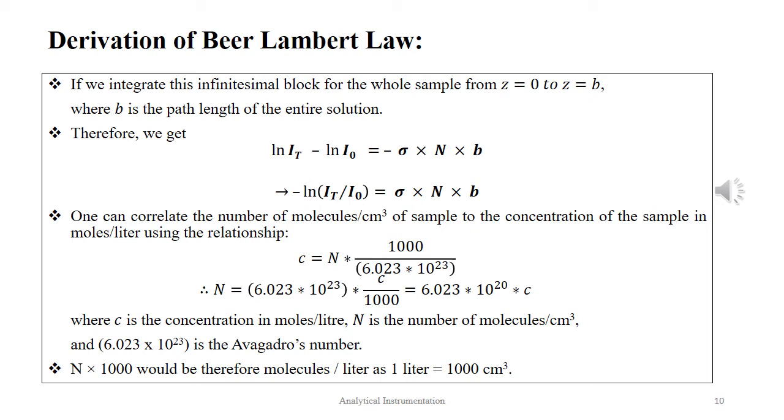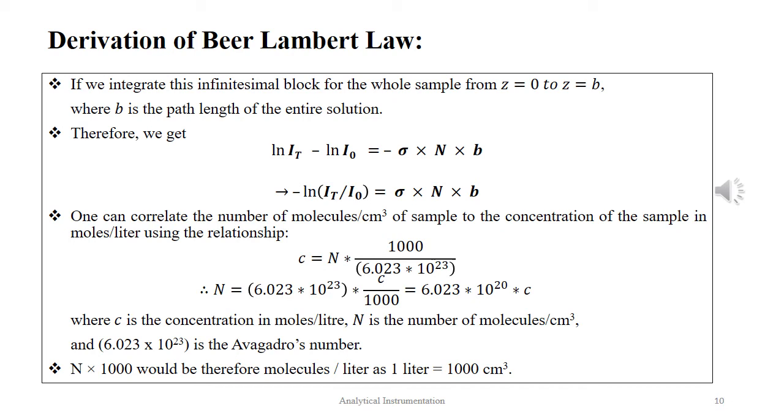One can correlate the number of molecules per cubic centimeter of sample to the concentration of the sample in moles per liter using the relationship C equals n into 1000 by 6.023 into 10 raised to 23.